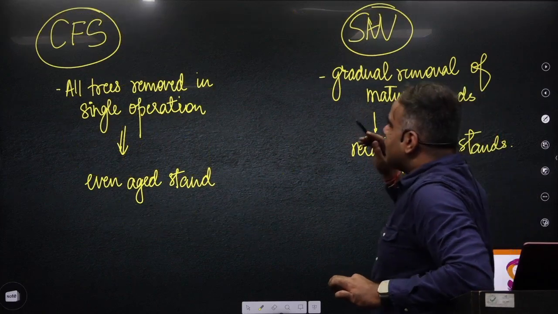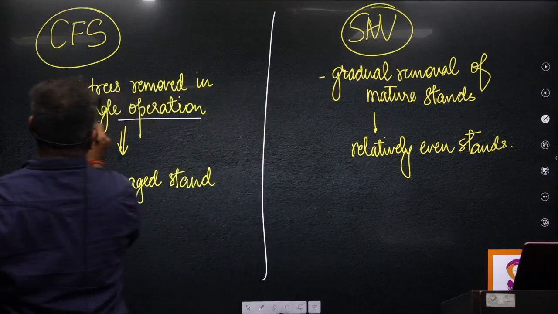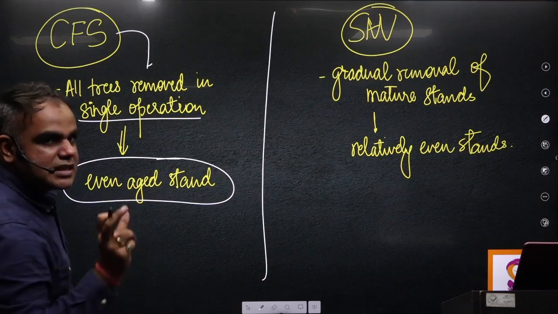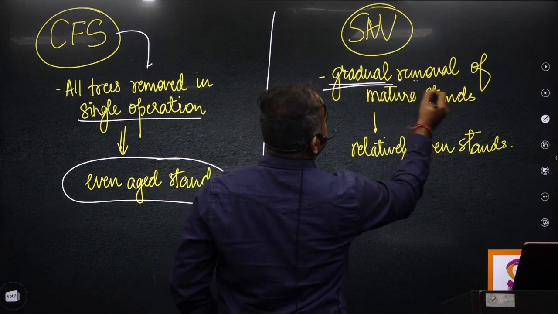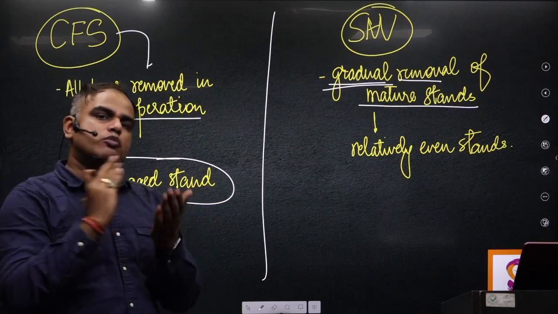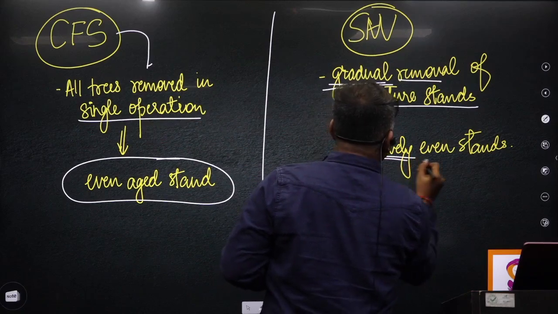To understand this in one line: in clear felling systems, all trees are removed in a single operation, which leads to an even-aged stand, whereas in the shelter wood system there is gradual removal of mature stands. As and when the stands mature, you remove them. That is why I'm using the term relatively even stand.